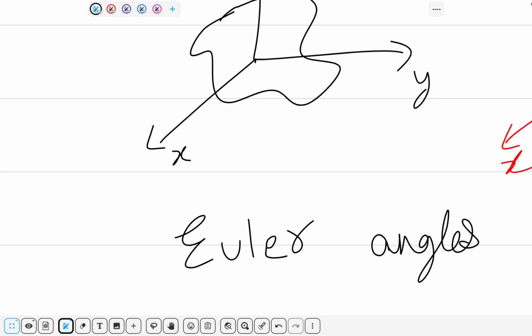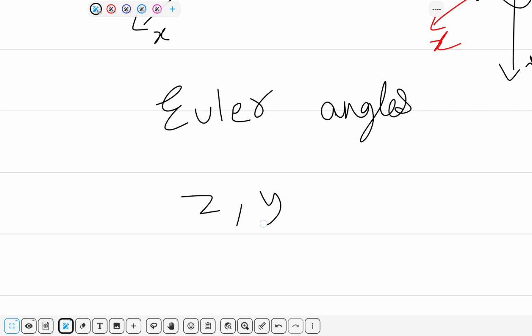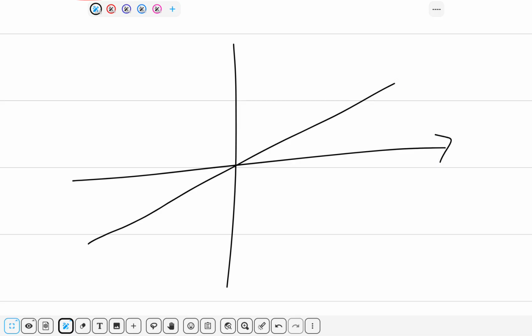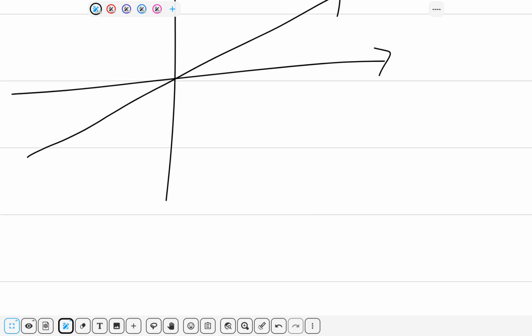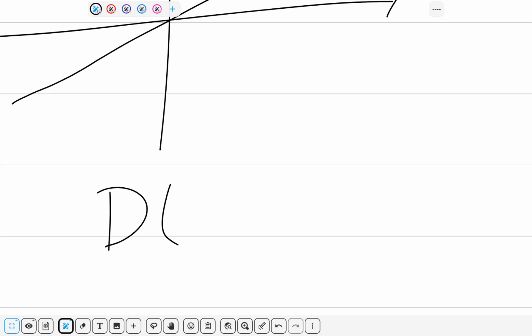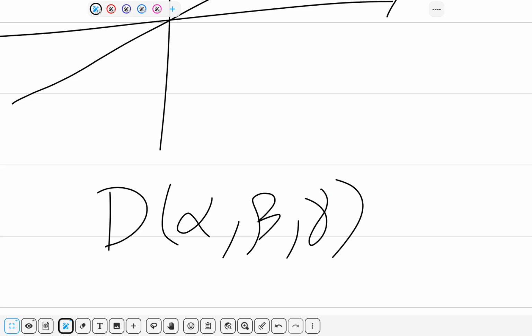Even in Euler angles, different people use different methods and different notations, and I will use the z, y, z notation. Basically, suppose you have this 3D system, and I want to describe a rotation alpha, beta, gamma in Euler angles.